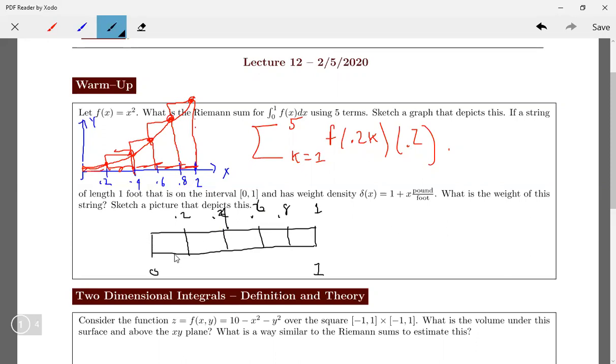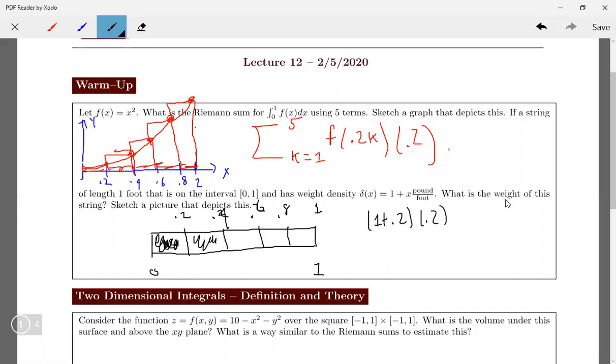So the weight of this piece is going to be 1 plus 0.2 pounds per foot times 0.2 feet. That's the mass of this part of the string.